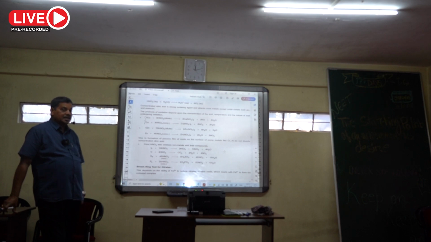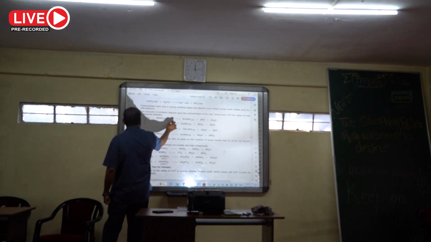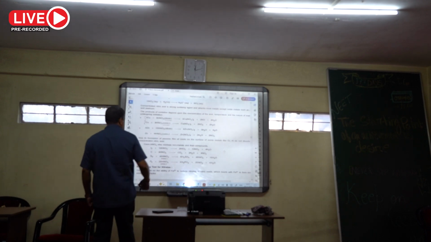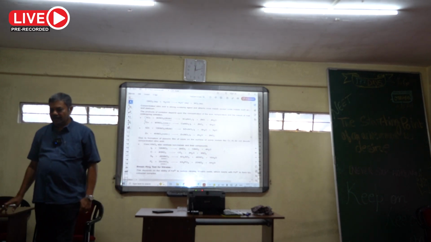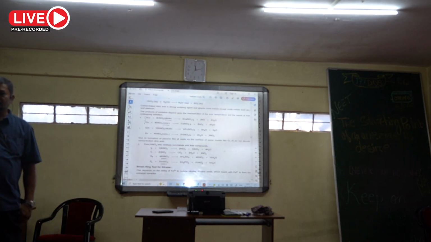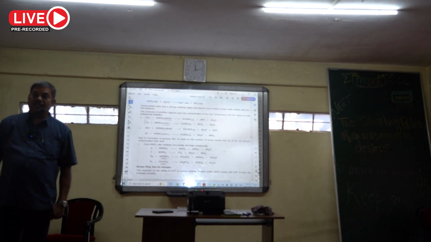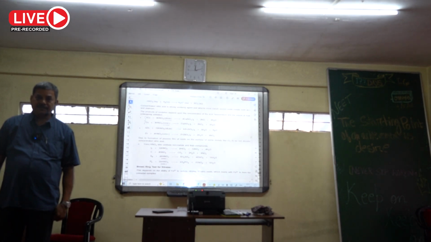Same copper metal but the concentration is changed. Here dilute acid, here concentrated acid. Hope you know the meaning of dilute and concentrated. Whenever water is added, it becomes dilute. Whenever no water is added, the acid becomes concentrated.